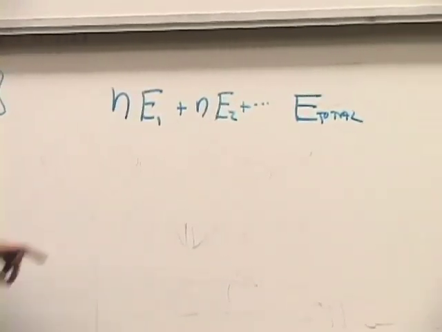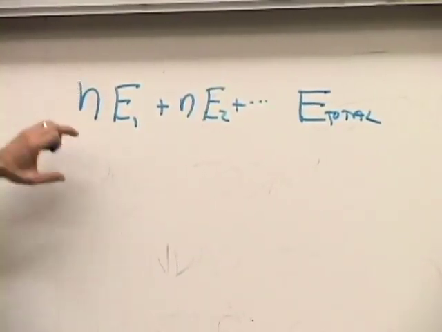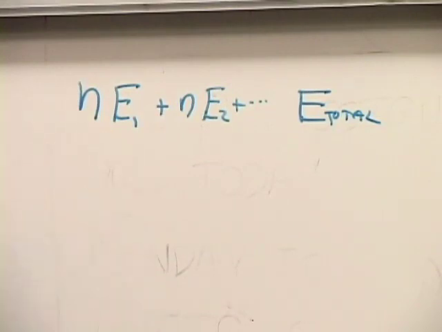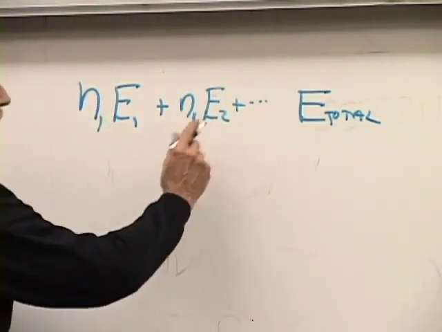The number of boxes with energy E1, the total energy that they have is N times E1, so let's call that N1, N2, and so forth.